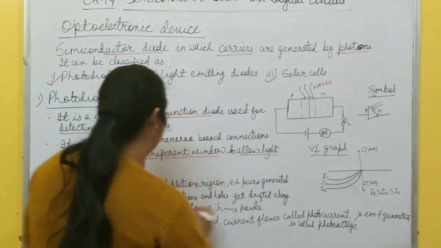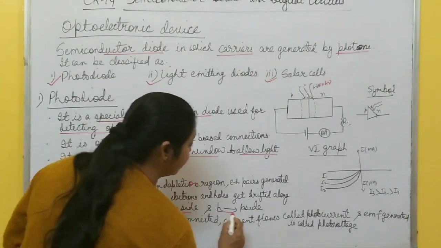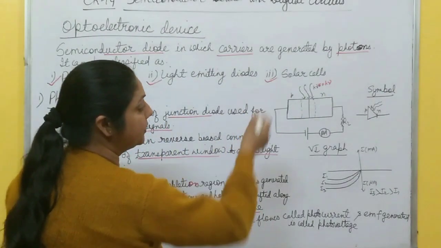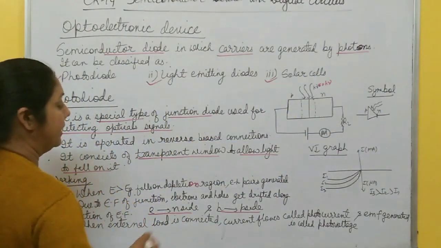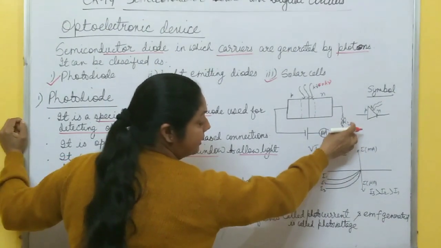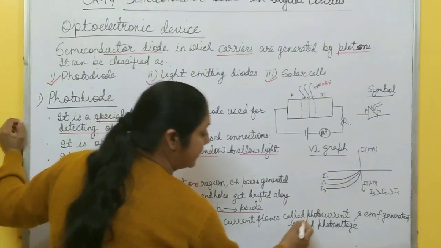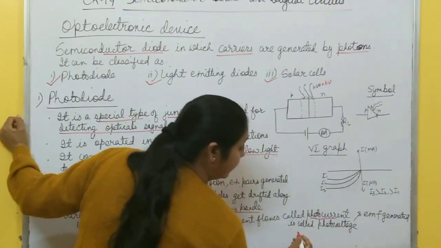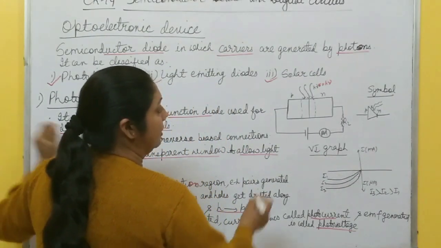It means electrons move towards the N side and holes move towards the P side due to this internal junction field, right? And when it is connected to an external load, then current starts flowing through the circuit. That current is called photocurrent and the EMF generated is called photovoltage, right?